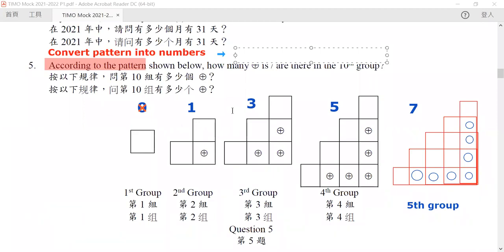So you can clearly see that, for example, our sixth group should have 9 symbols. And since our rule is that they are all consecutive odd numbers.